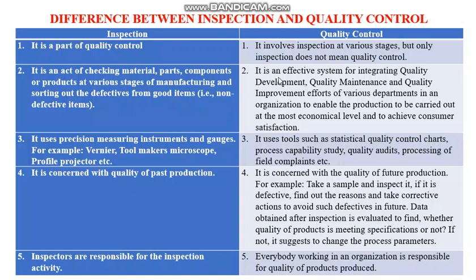Whereas in quality control, it is the effective system for integrating, or you can say combining, quality development, quality maintenance and quality improvement efforts of different departments of a company, of an institute or organization, to enable the production to be carried out at most economic levels and to achieve the consumer satisfaction.